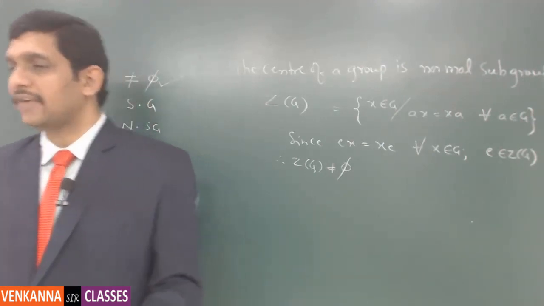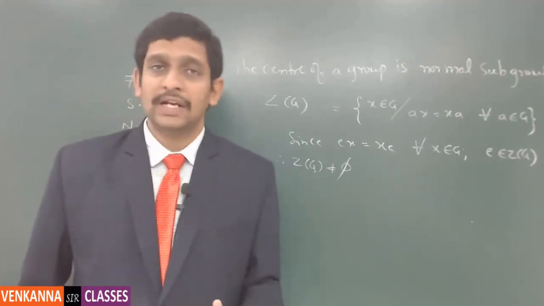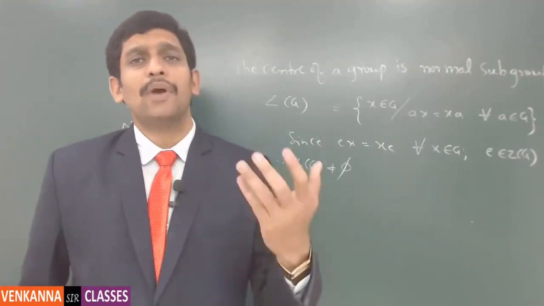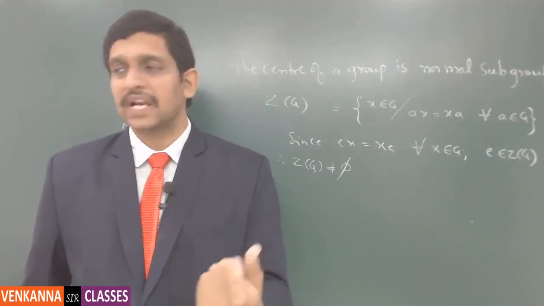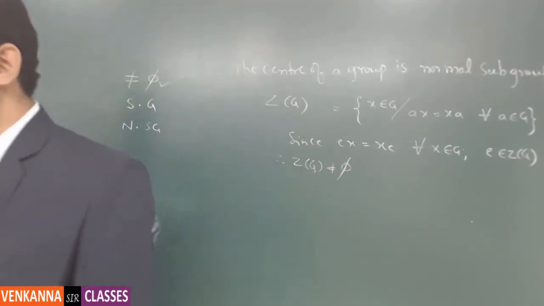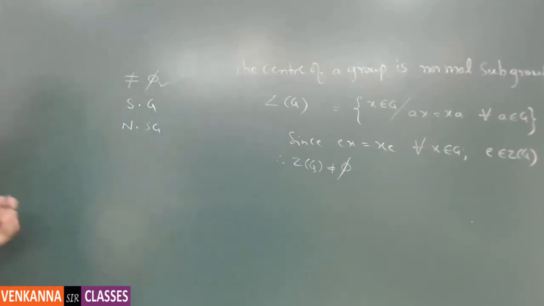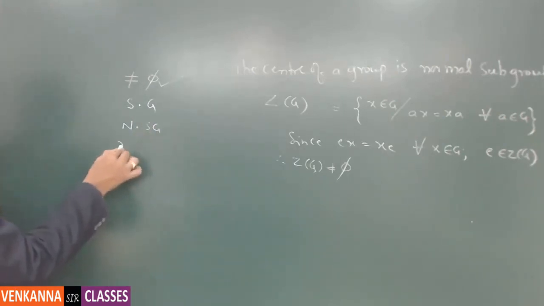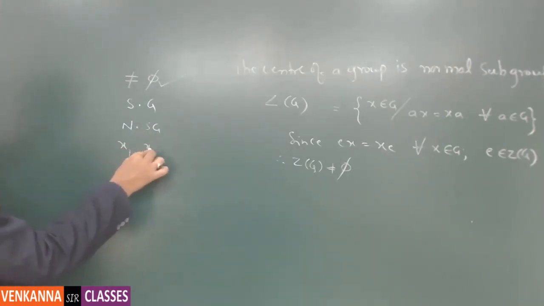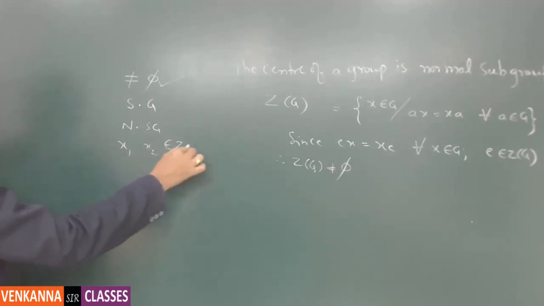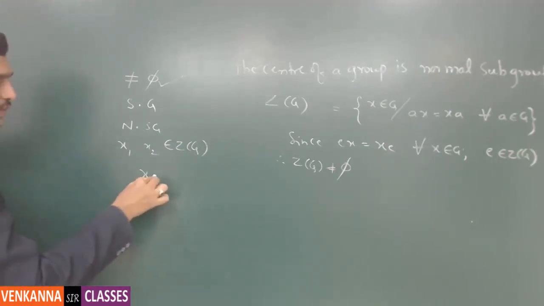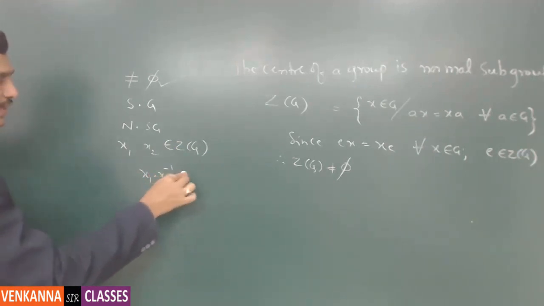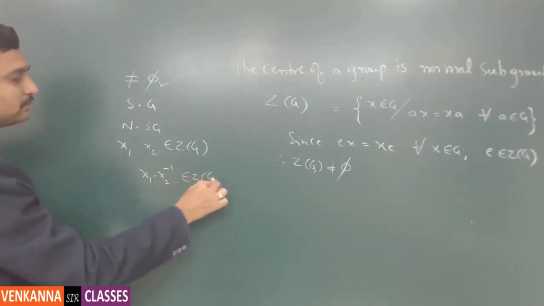Because if a set is given and you want to verify whether it is a subgroup or not, apart from verifying all the properties, we will verify the necessary and sufficient condition, isn't it? So if I take two elements x1 and x2 in the center, then I need to show that x1 dot x2 inverse belongs to the center.